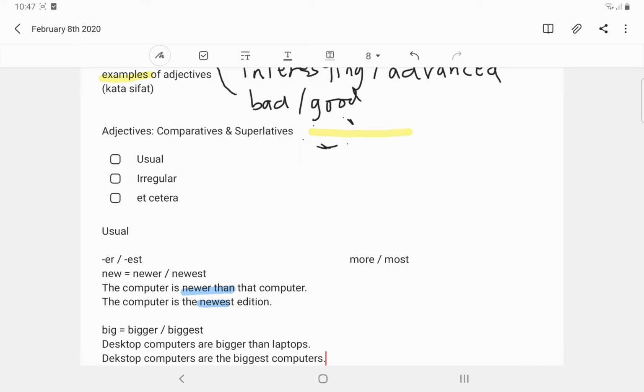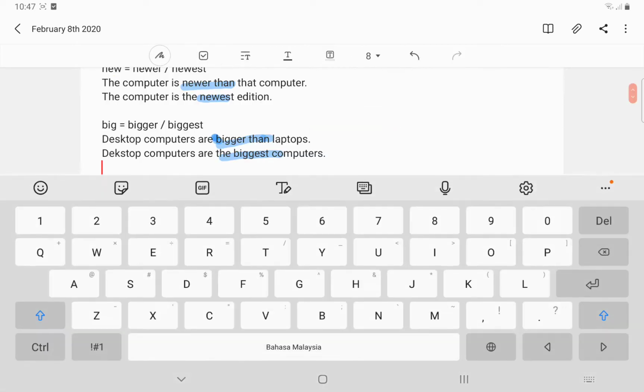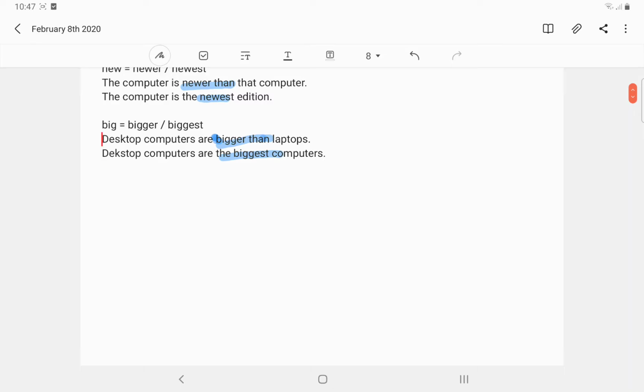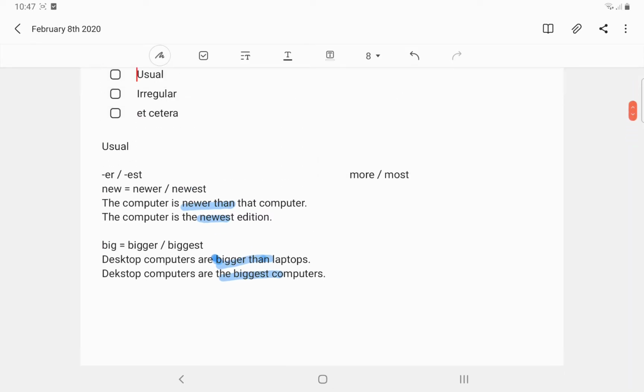Okay, so lagi sekali kita boleh highlight penggunaan ER dengan EST. Semudah je. No problem. And then we're going to advance to the second one, iaitu more and most.